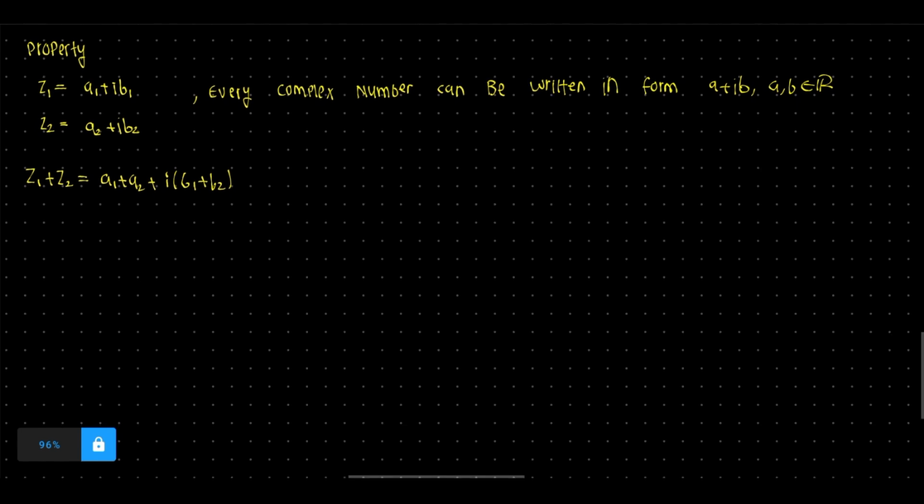And multiplication on complex numbers is defined as z1 times z2 equals (a1 + i b1)(a2 + i b2), which we can just distribute.